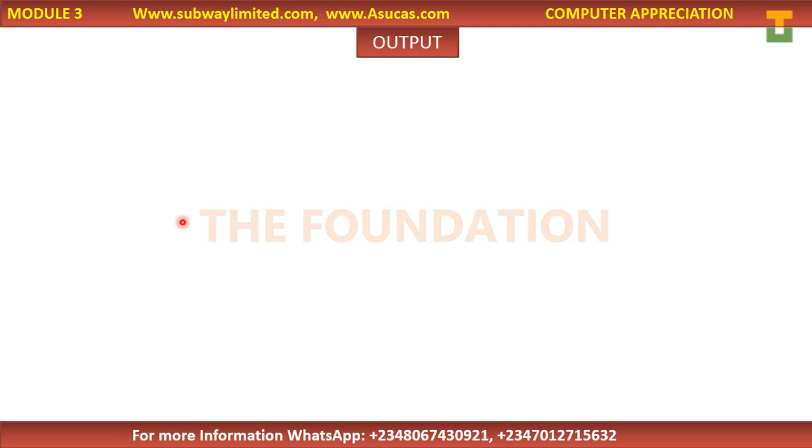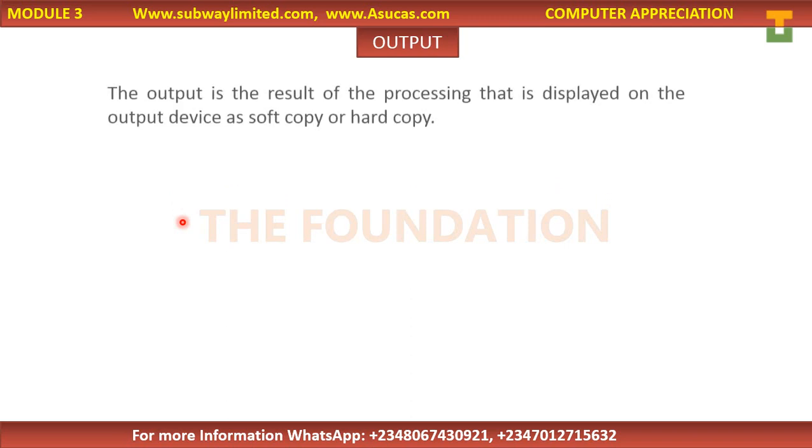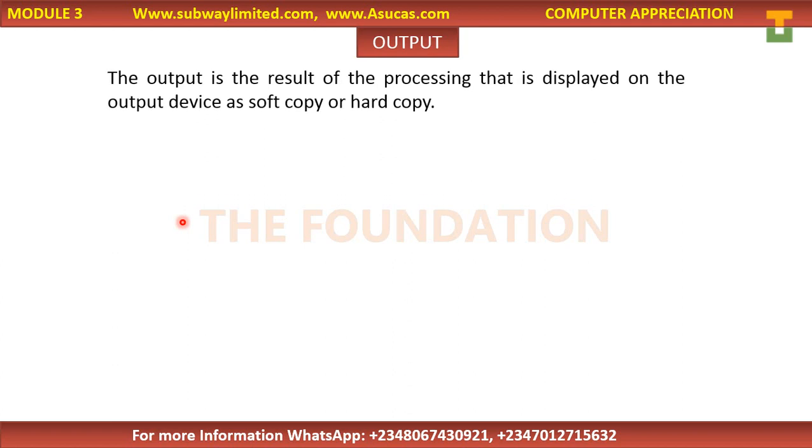Output, let's take a look at output, because output was part of the term that we use in the course of defining what a computer is. Output is the result of the processing that is displayed on the output device as soft copy or hard copy.